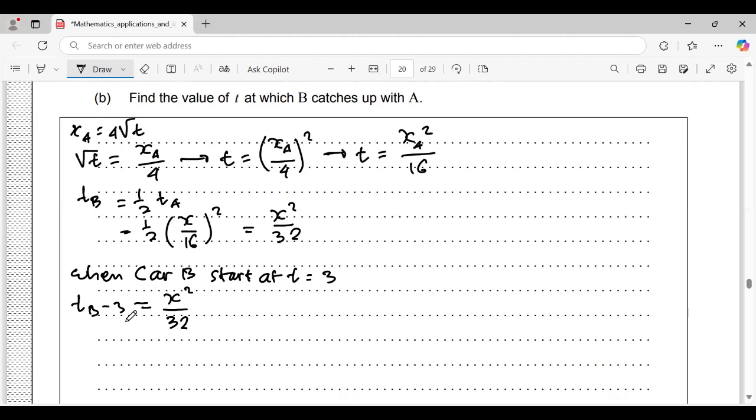So x squared equals 32 times (t minus 3), where this is tB and this is xB.